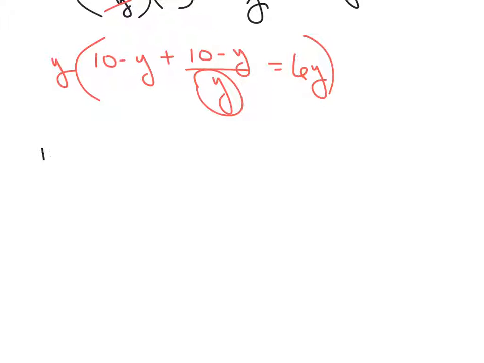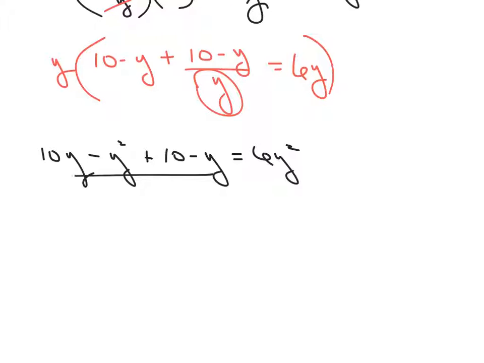So I have 10y minus y squared plus 10 minus y equals 6y squared. Okay, so let's move all of this to this side. So 0 equals, add y squared to both sides, that's 7y squared.